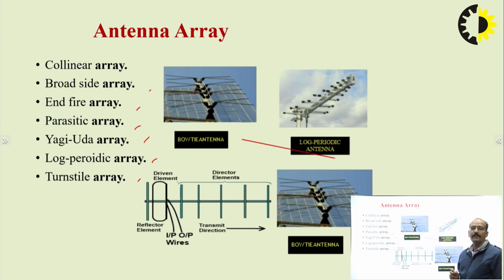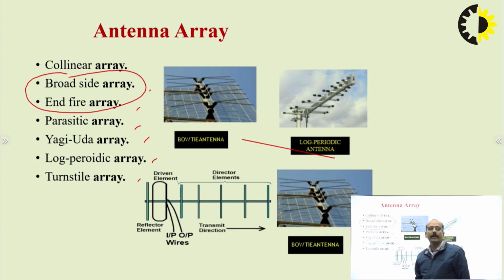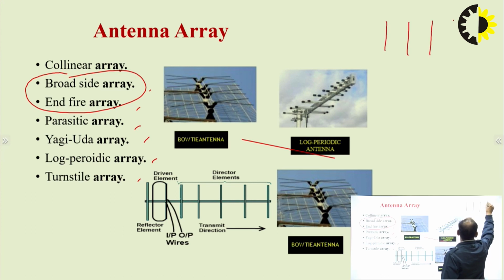Here, you have to understand the broadside and end fire antenna arrays the most, because both are the most common types of antenna array. What happens in the broadside and end fire antenna array? You take a set of similar antennas such as this.